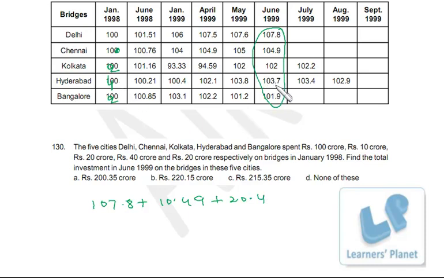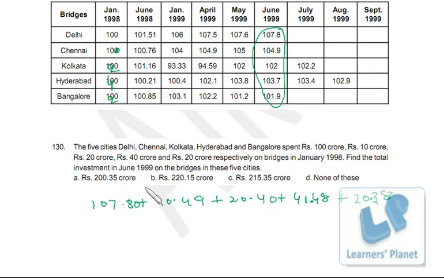Similarly, 3.7% of 40, so what you can do is just multiply this, and so it is 41.48 plus 20. Okay, so simply I'm multiplying 20 and 101.9 and taking just the percentage value. So this is the calculation that we have to do.